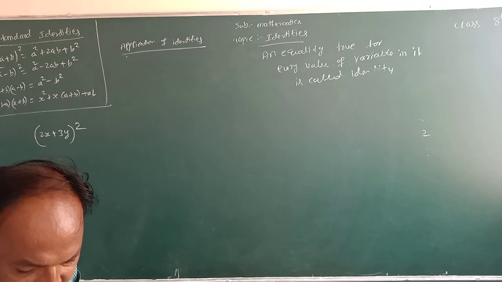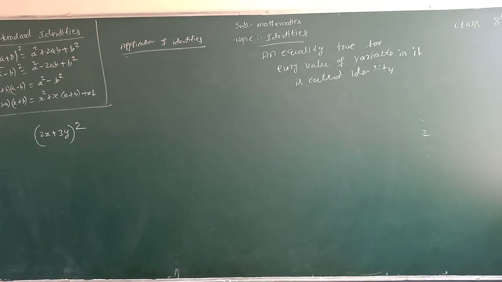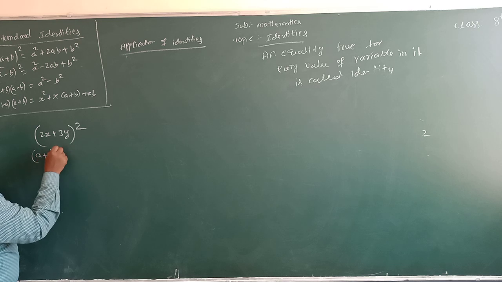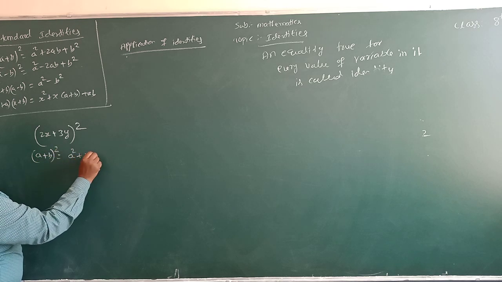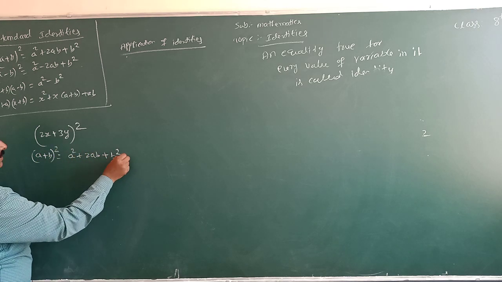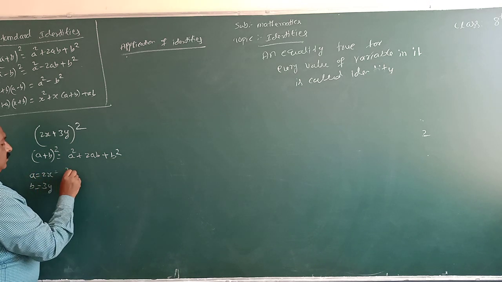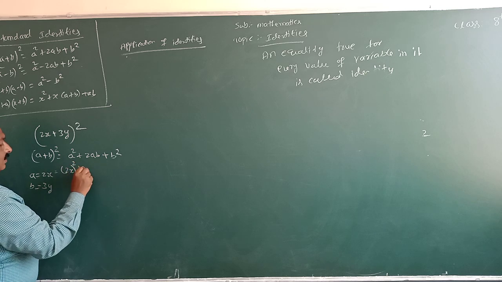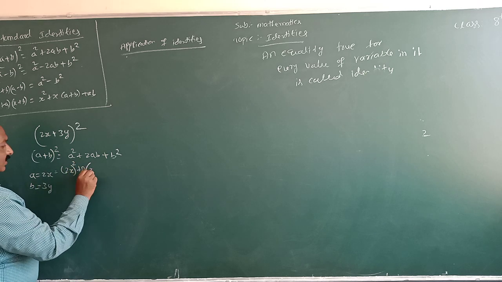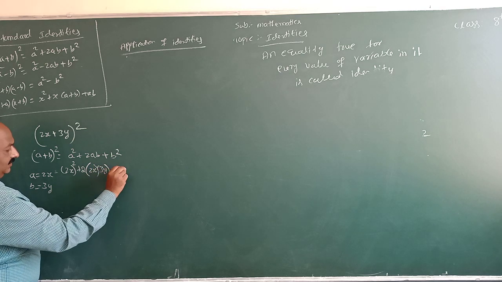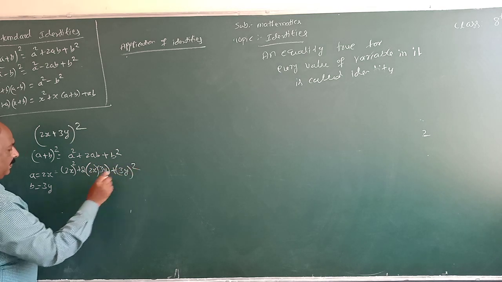This is of the form (a + b) whole square, which is a square plus 2ab plus b square. a is equal to 2x, b is equal to 3y. What is a? 2x. What is b? 3y. So (2x) whole square plus 2 into 2x into 3y plus (3y) whole square.